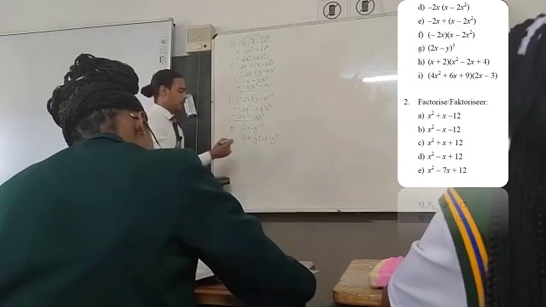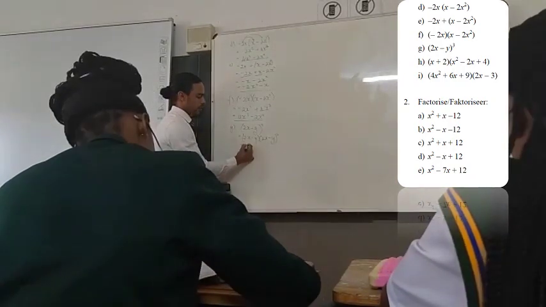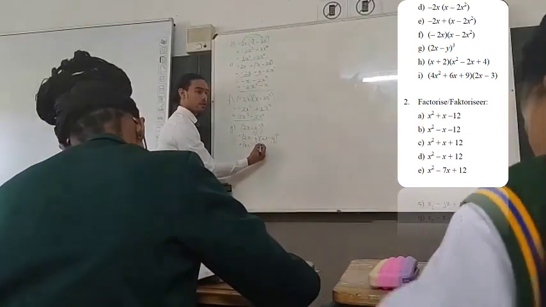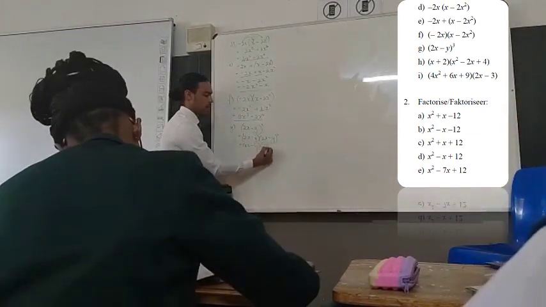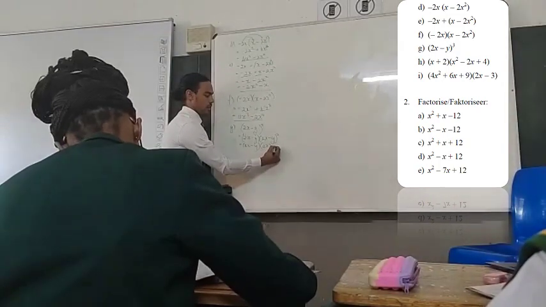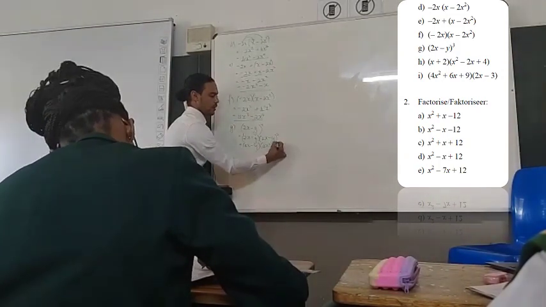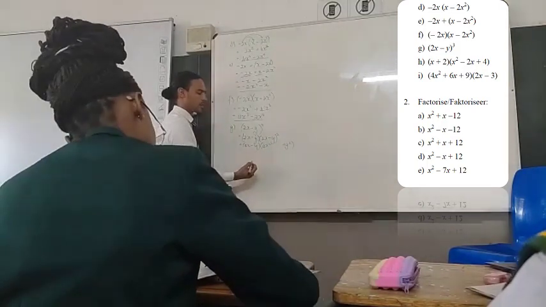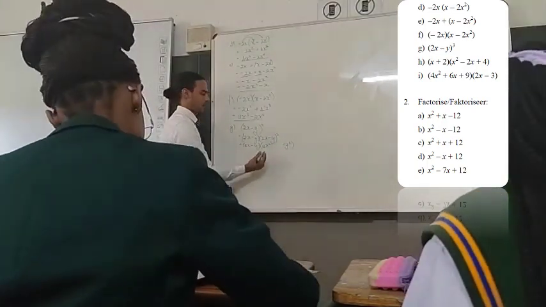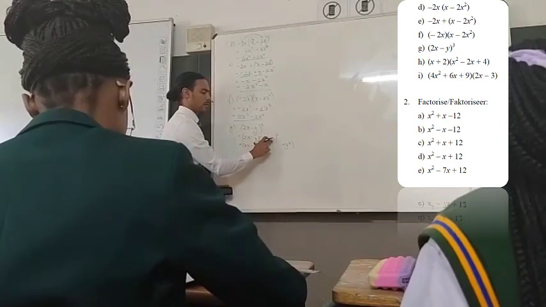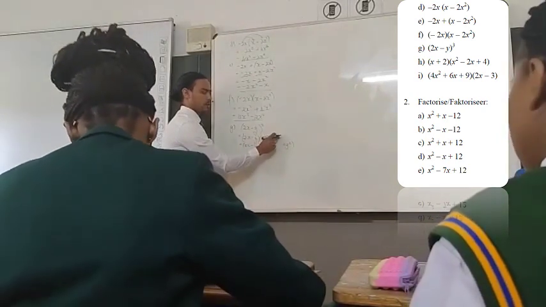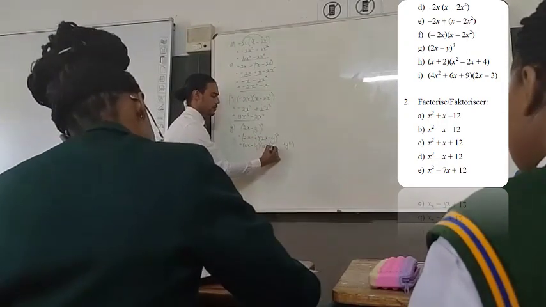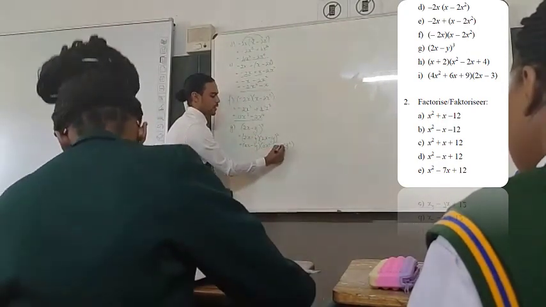Then we said, okay, if I have a binomial squared, I can say it's going to be the first term squared, so that's going to be 4x squared, and then the last term is going to be y squared, and then the middle term is going to be the first term times the last term times 2. So that's going to be negative 2xy times 2, which equals negative 4xy.